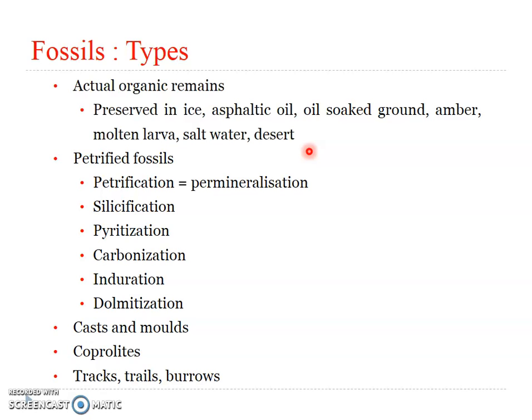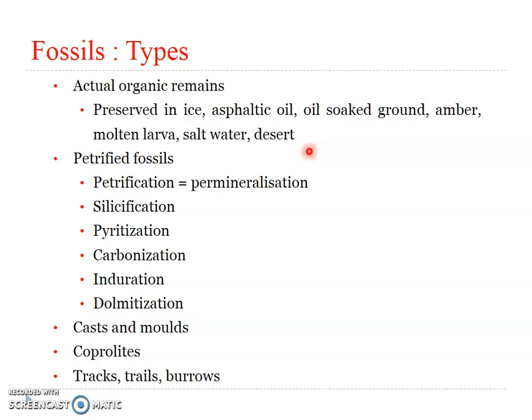So ice forms a good preservative. For example, several well-preserved specimens of the woolly mammoth. I hope you know what a mammoth is. Mammoths are extinct forms related to the present-day elephants. Okay, so these woolly mammoth complete specimens that lived some 20,000 years ago are well preserved.